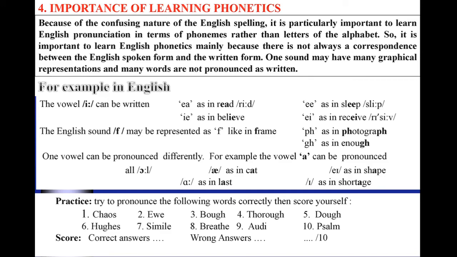One vowel can be pronounced differently. For example, if you take the letter A, it can be produced as A, like in cat, as O, as in last, as A, like in shape, or A, like in shortage, or all. Now check your pronunciation. The first word, chaos.